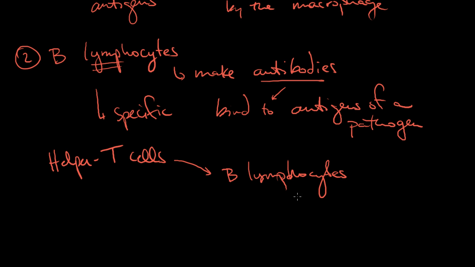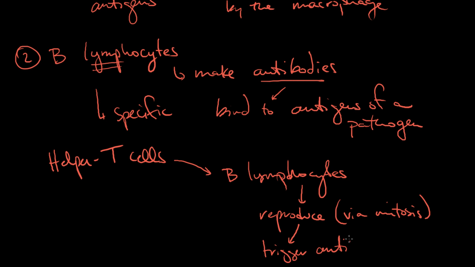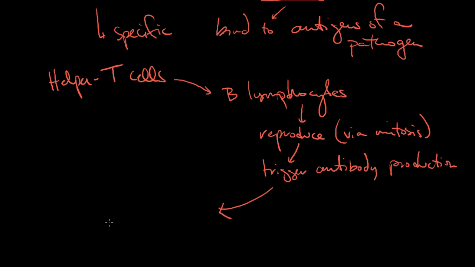There aren't many of them because there isn't that much space, because there's lots of other things happening inside the blood. And these B lymphocytes reproduce through mitosis, which we'll learn about. So they make lots and lots of copies of themselves, and then they trigger antibody production. So they start making lots and lots of protein antibodies so that they can then attach to the antigens that the helper T cells recognized and break down those pathogens.